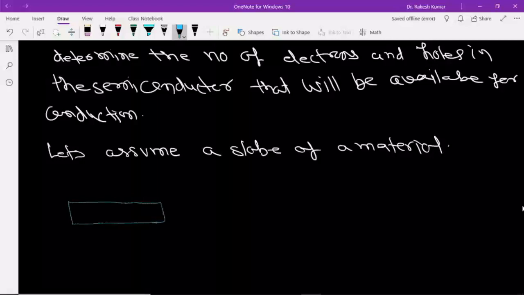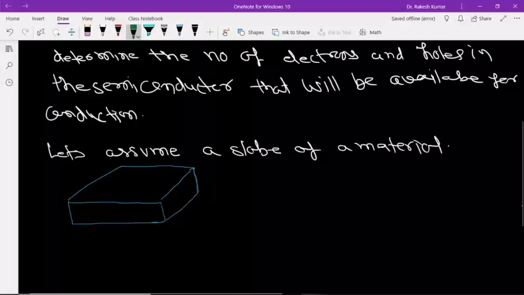If I make it in 3D, as you know my drawing is very bad, but it looks like a slab. And if I write here 2 points, 1 point here is T, and another point P. And if this distance or length is Lx, let's say this is x-axis, this is y, and this is z-axis.